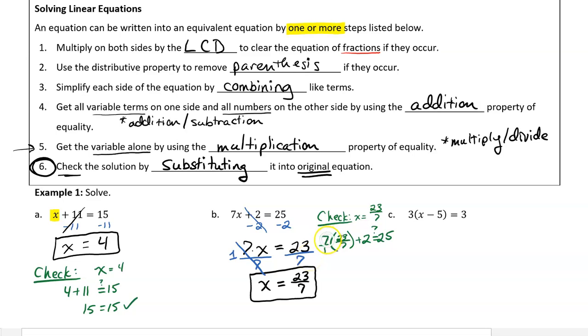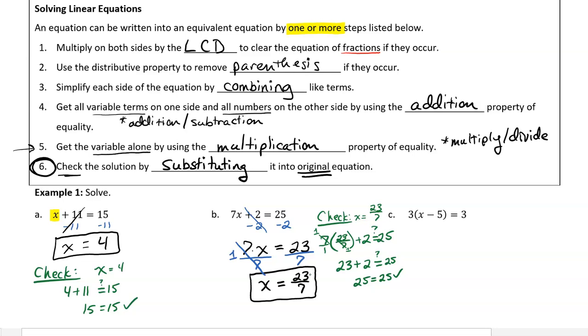But I notice here that I'm going to eventually have to deal with this 7 up top, and there's a 7 on the bottom. And what is 7 divided by 7? That's simply 1. And the 1 times the 23, there's another 1 down there. 1 times the 23 is just 23 plus 2. Does that equal my 25? And in fact, it does. So our answer is good. Our answer is 23 over 7.